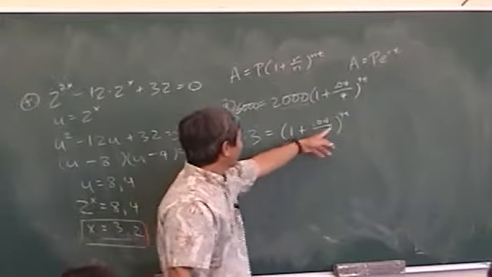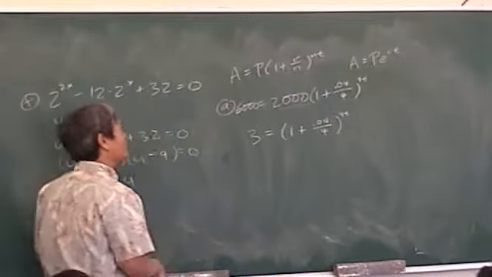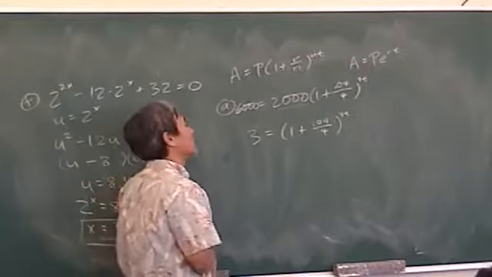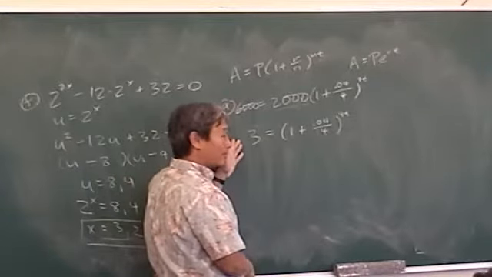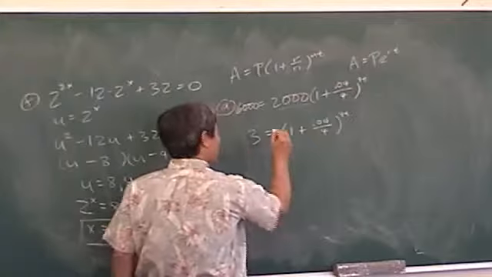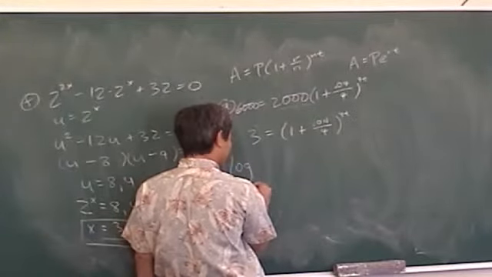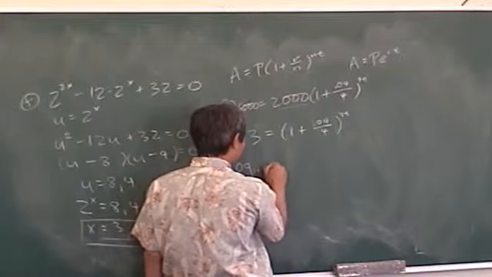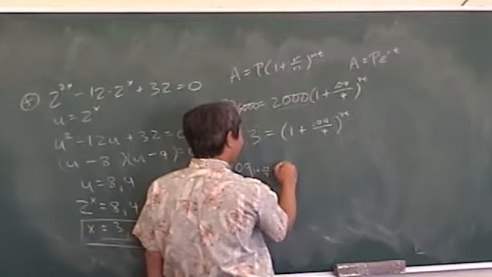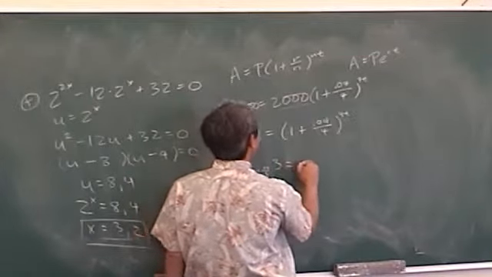And now look, the variable is in the exponent. So what did you do? You can natural log, but what have we been doing? If it's exponential form, change it to log form. This means the same thing as log base 1 plus 0.04 over 4 of 3 equals 4t.